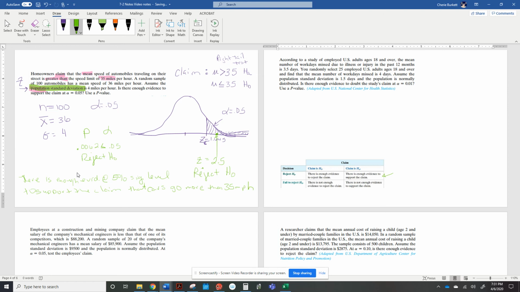Yeah, that's good enough. Okay, so there is enough evidence at the 5% significance level to support, and we got all of that from here. There is enough evidence to support, and then you state the claim. All right, there's that one.